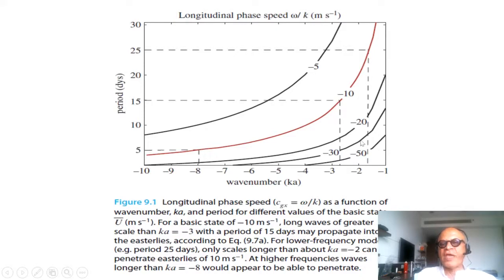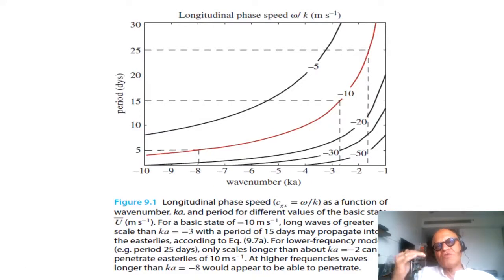If you have a perturbation propagating at a longish wave number of less than 2, then in a basic state of minus 10 meters per second easterlies, you need a period of 25 days for the wave to get out of the easterly.